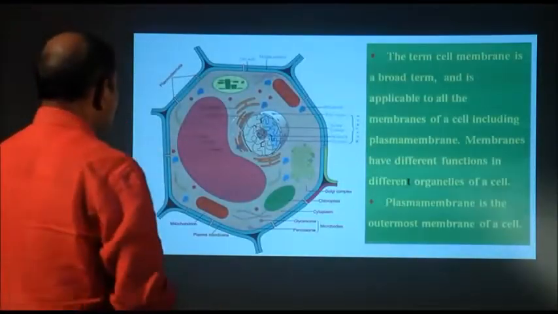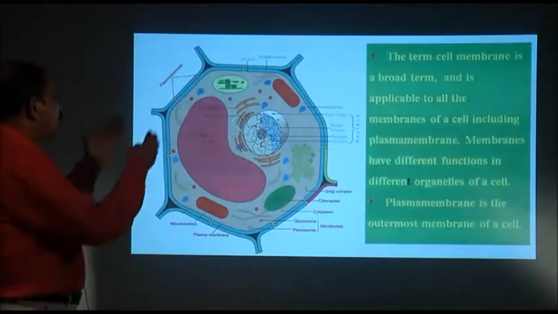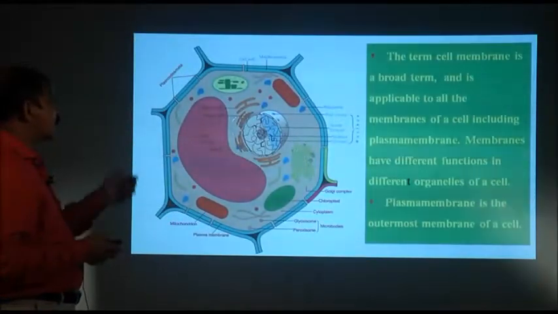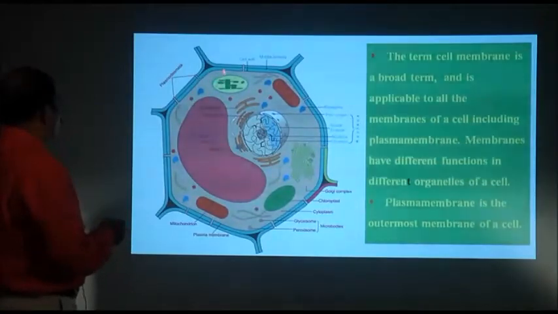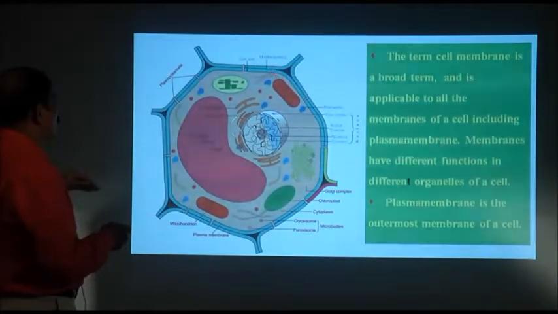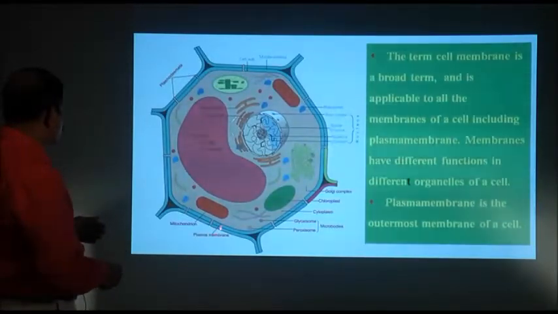So, here you can see it is a computer generated plant cell, and the plasma membrane is very adjacent to, or pressed against, the cell wall, not that clearly visible, but if you see, this label is plasma membrane.